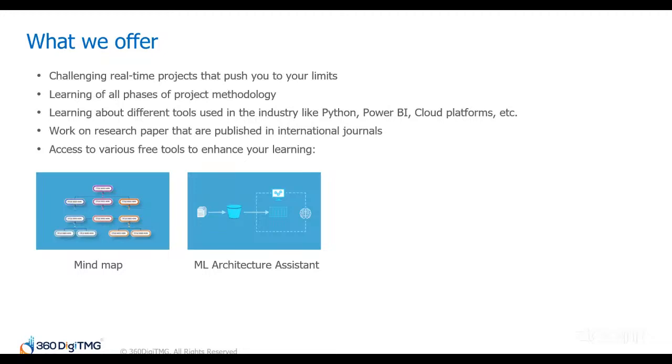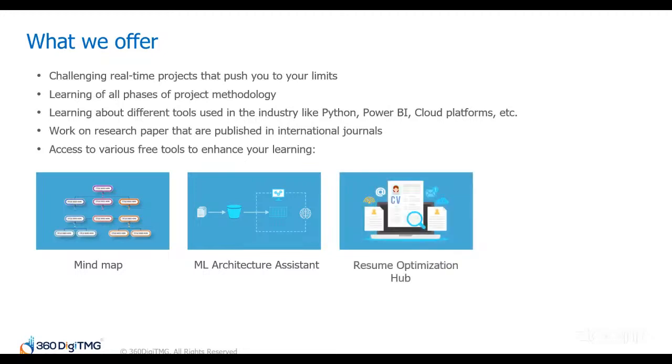ML architecture assistant: you will have a basic model architecture and multiple options to insert different values into it, so you can clearly observe how an end-to-end project works. Resume optimization hub: whenever you go for interviews, it is very important that you abide by the job descriptions.